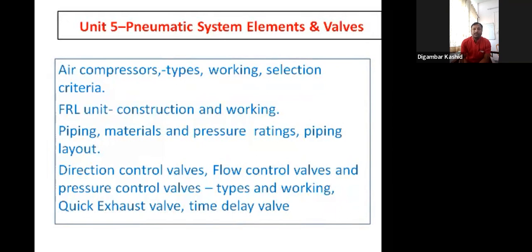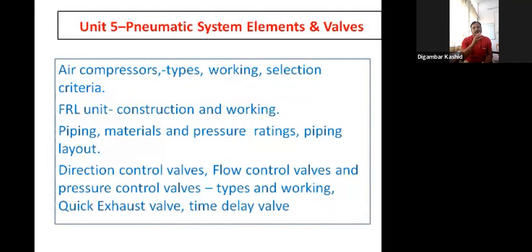Then further we have the piping. As we know, the compressor is the air generation unit, because through it we get the compressed air.